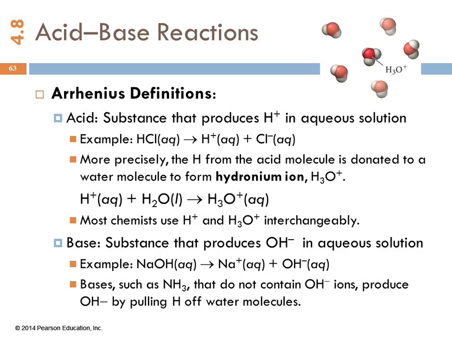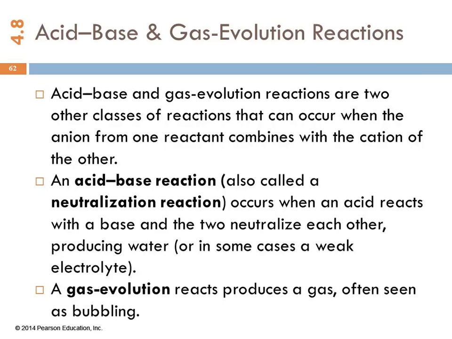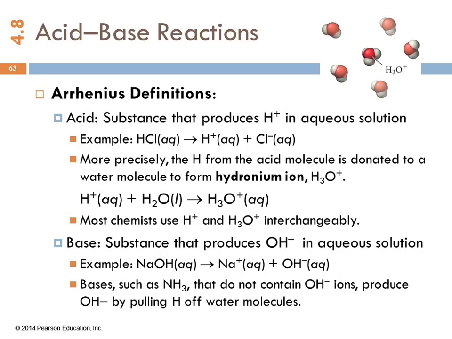So we need to learn a little more about acids. So, different definitions. The Arrhenius definition is that an acid is any substance that produces hydrogen ions in an aqueous solution.